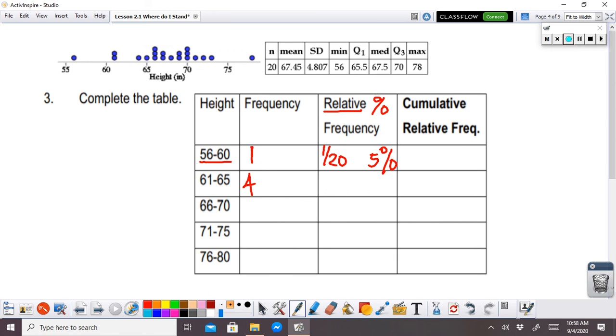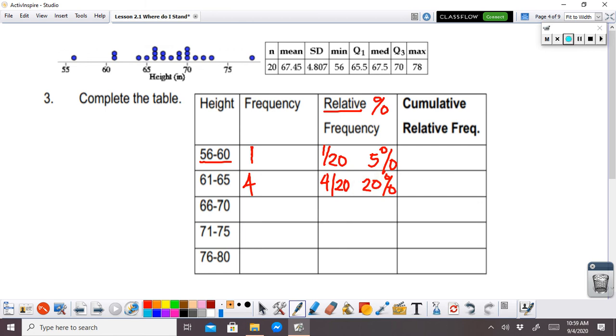And then for 61 to 65, I have 4 points. 1, 2, 3, 4. From 61 to 65, I have 4 points right here. Remember, that's not including the 56, right? Because 61 to 65. So you have 4 points. And that is 4 out of 20, which is 20%.